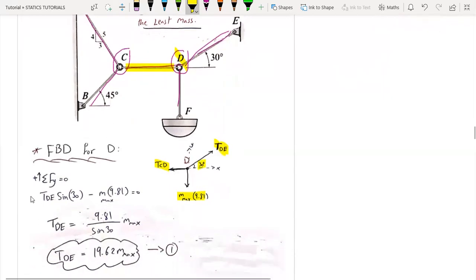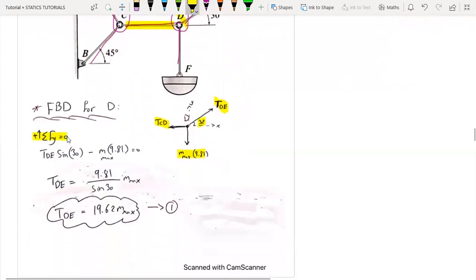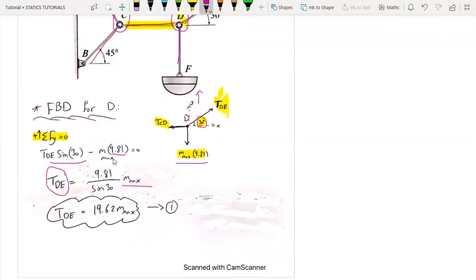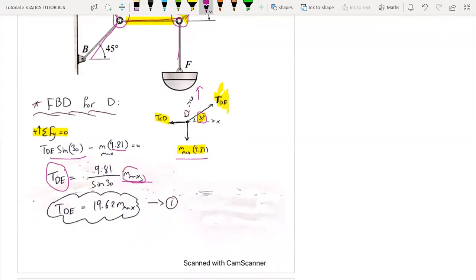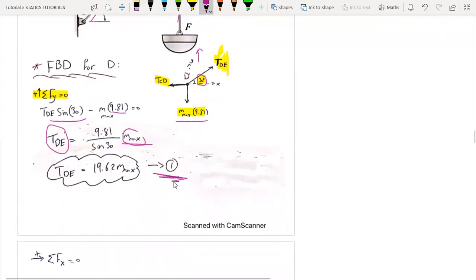Anyway, here taking the summation of forces in the y direction, I will have TDE sine 30 positive, minus the weight, which is M maximum multiplied by 9.81, equals 0. So TDE, as we agreed, every tension force will be written in terms of M maximum. So it will be 9.81 over sine 30 multiplied by M maximum, and this is our first equation.